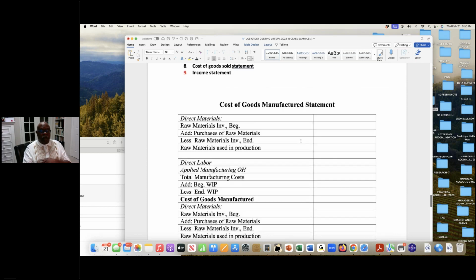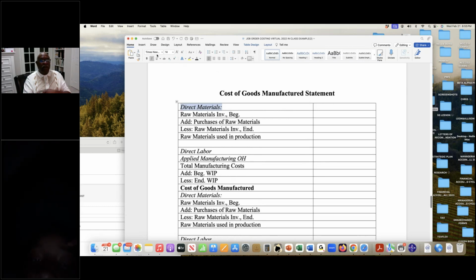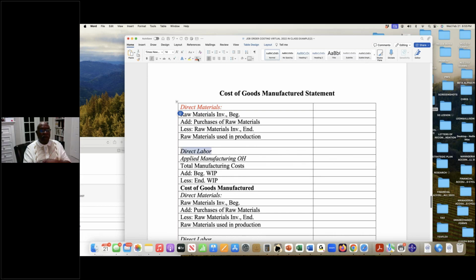Now, cost of goods sold, we're working with dollars, but it's still direct materials, it's still direct labor, and it's still applied manufacturing overhead. Okay?